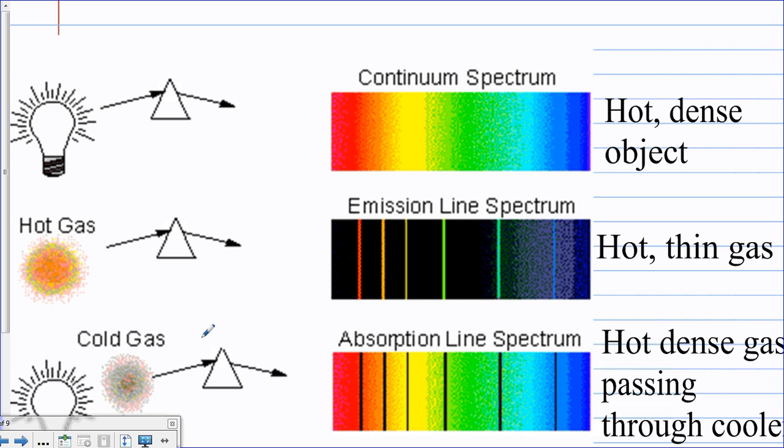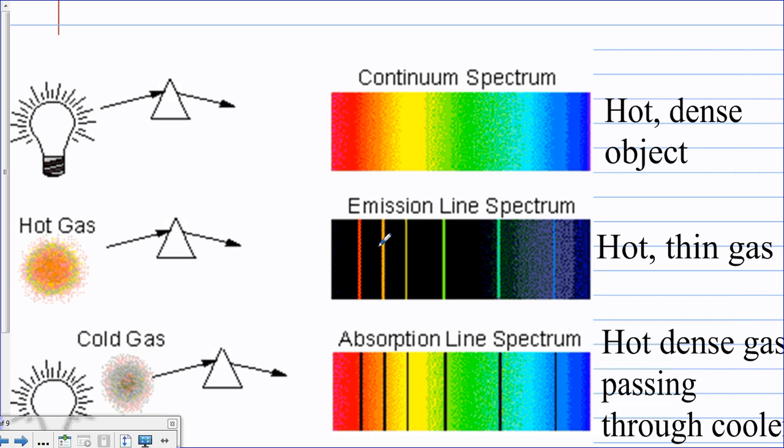And so depending on what it is, it's either going to show a continuum where there's no break at all. That's if something's really, really hot and very dense, it's not going to have these black lines or the red lines or something like that in it. It's going to be all one thing. So if we get a hot gas that's very thin, not very dense, we'll see a lot of black and we'll only see the emission lines.